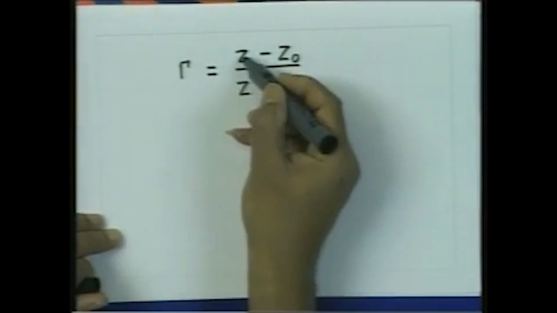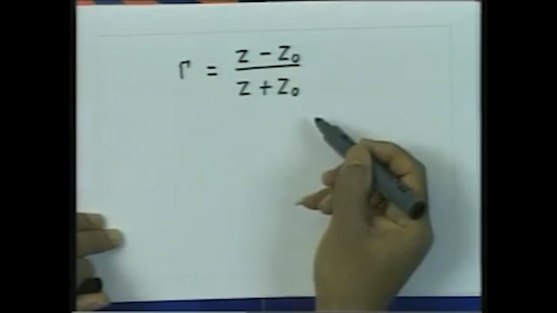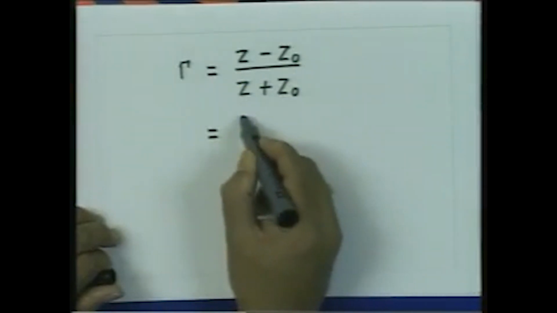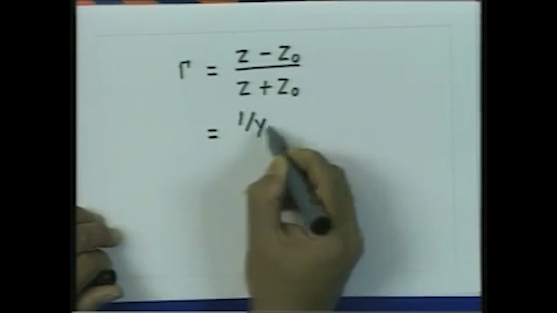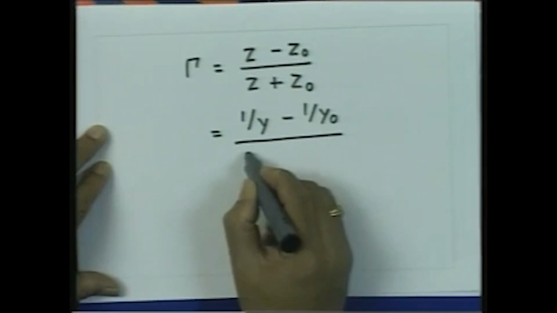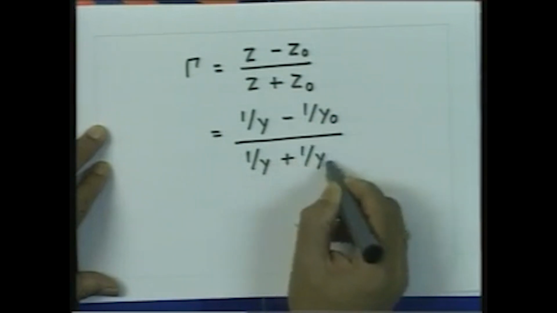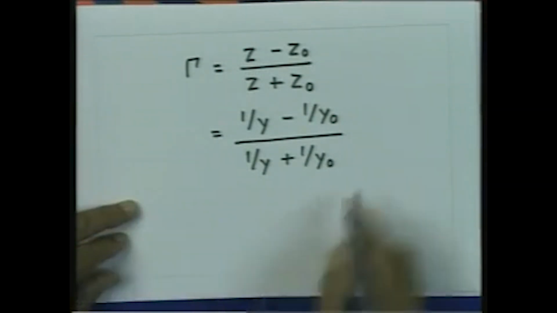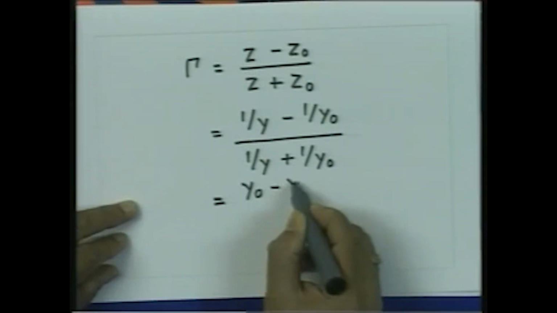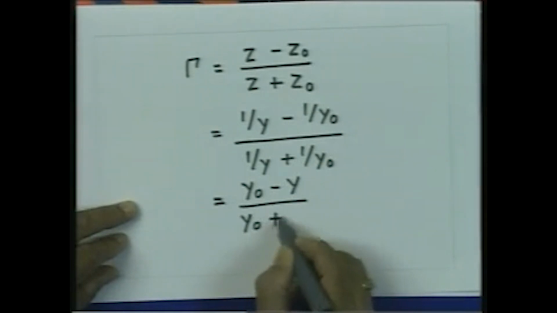The admittance will be 1 upon Z, the characteristic admittance will be 1 upon Z0. So, this one we can write as 1 upon y minus 1 upon y 0 divided by 1 upon y plus 1 upon y 0. That will be equal to y 0 minus y divided by y 0 plus y.